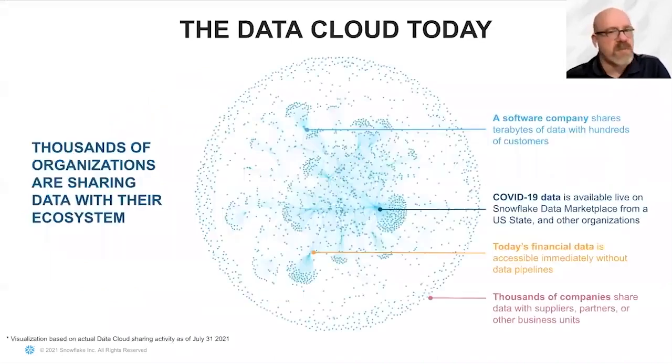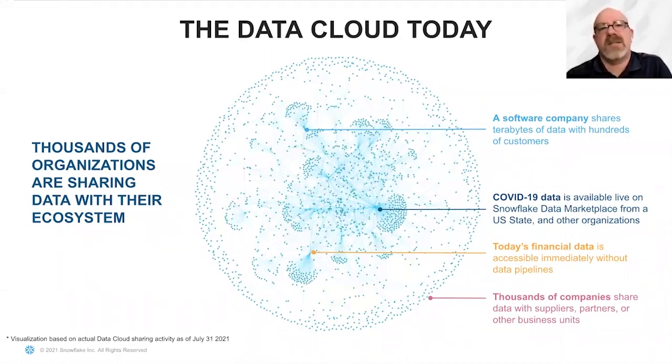Now, I'd like to show this picture as a way to illustrate what that looks like and what that content includes. All the little dots are Snowflake customers, and the lines between them show customers sharing data with each other.